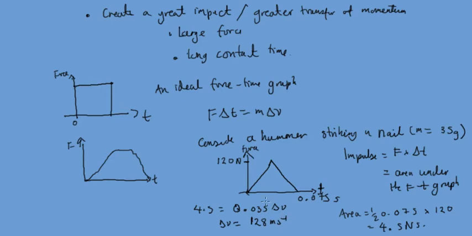Now in reality, that nail is not going to stay at a uniform 128 meters per second, because as it goes into the wood, there's going to be quite a large frictional force gripping onto that nail as it's driven into the wood. But at that moment of maximum impact, it's going in at 128 meters per second.